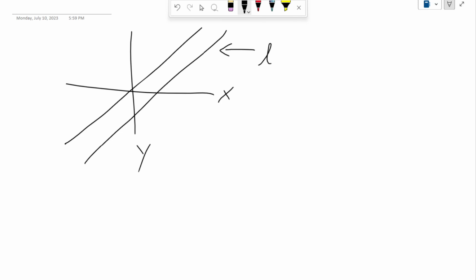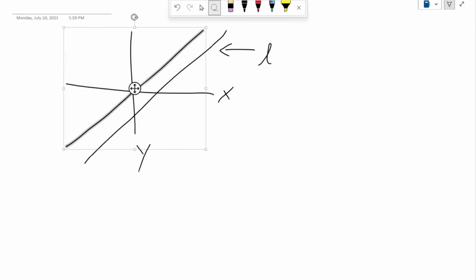Imagine that goes through 0. So one-dimensional subspaces look like that. So this line L is not a subspace of R2.